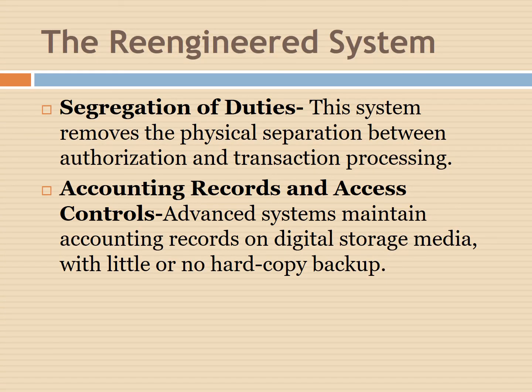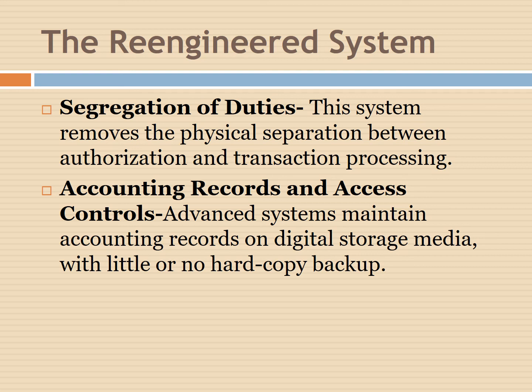The re-engineered system. So the re-engineered system addresses many of the operational weaknesses associated with the automated system. Specifically, the improvements in the system are: first, it uses real-time procedures and direct access files to shorten the lag time in a record.